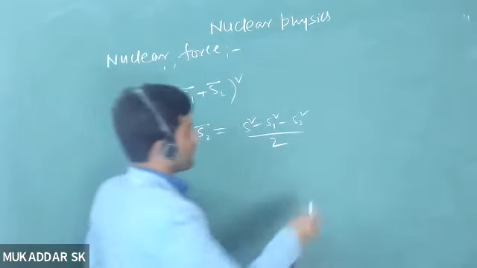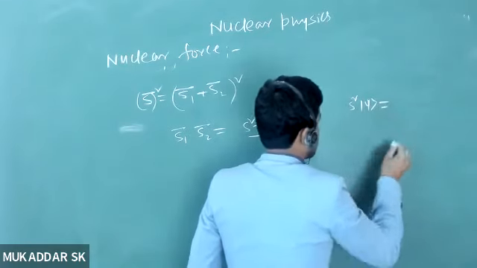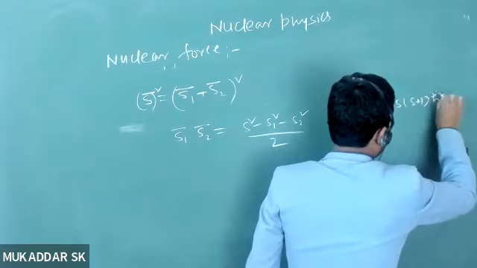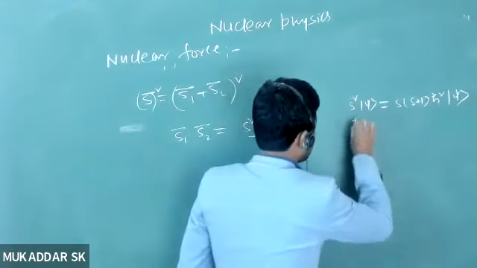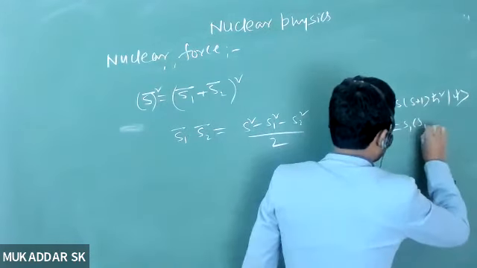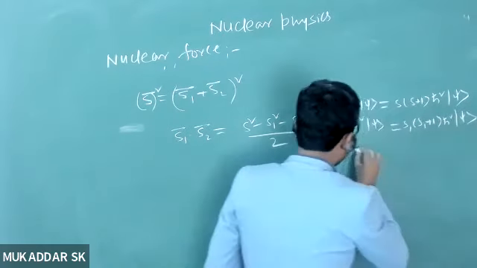And you know when S square acts on psi, it will give eigenvalue S(S+1) h cross square psi, right? And same is true for S1 square and S2 square.